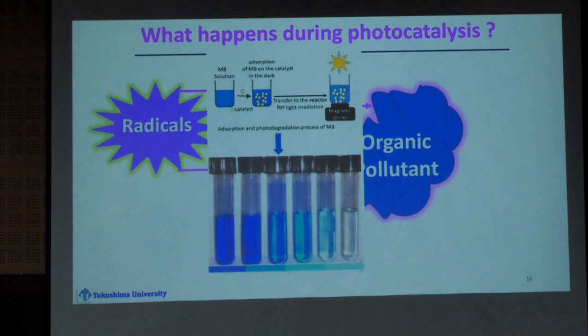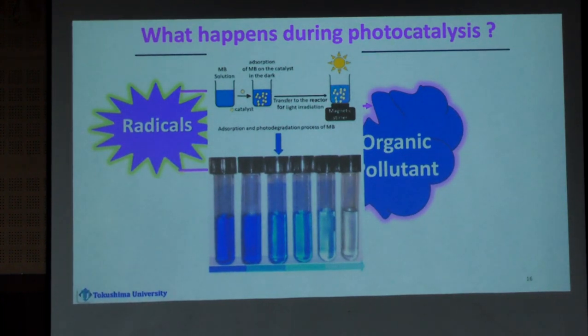So this is the basic thing, what happens during photocatalysis. In short, I will explain again. When you put the light on the photocatalyst, charge gets excited, positive and negative. The negative electron charge reacts with the oxygen.